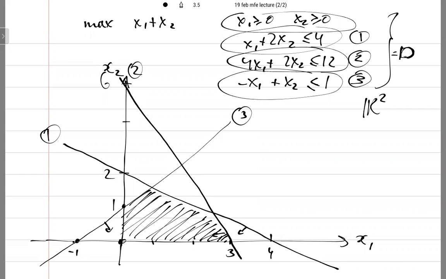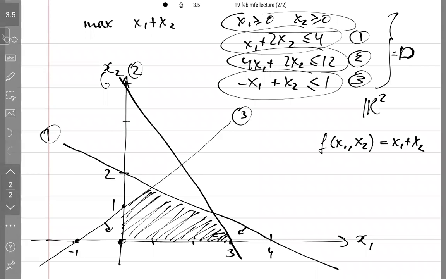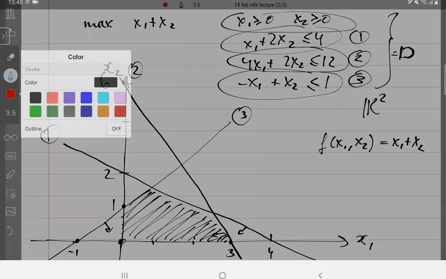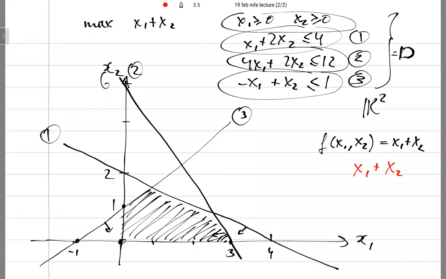And I draw level curves of the objective function. My objective function is linear, x1 plus x2. I will draw it using red color. If I consider the sets x1 plus x2 equal to some constant c, these sets are called level curves.